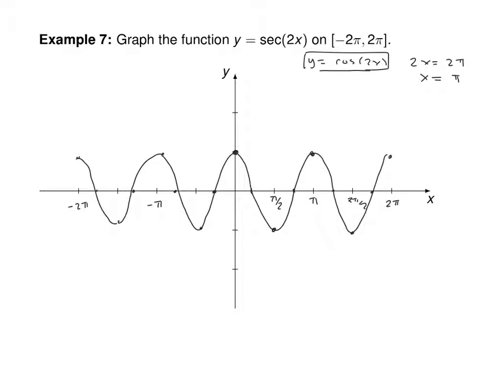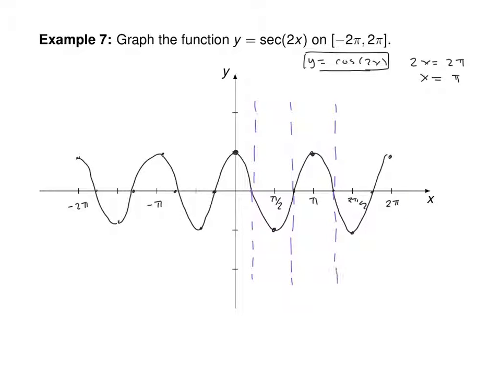Now, where is this secant function gonna have an asymptote? At the zeros, and the zeros are where this cosine picture crosses the x-axis, right? So everywhere you cross an x-axis, put in an asymptote. Why is that an asymptote? Think about it.